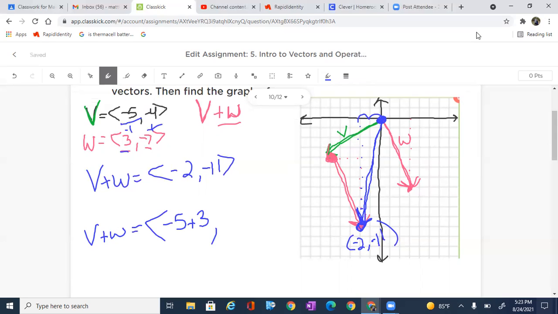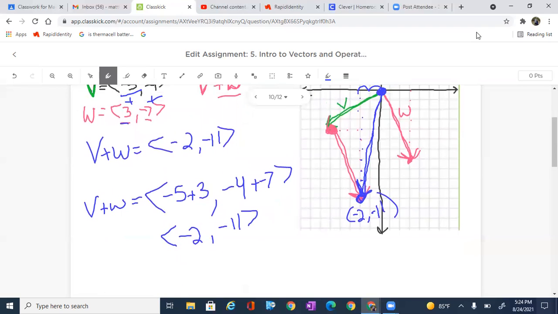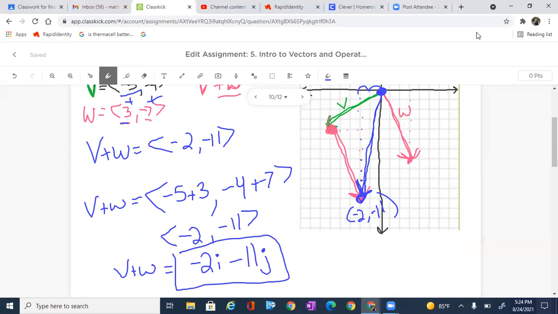I add them together, negative 4 plus negative 7. And notice that would give us negative 2 and negative 11. Now, how do I write that in the horizontal and vertical components that I'm looking for? Well, I just know that v plus w is simply going to be negative 2i minus 11j. And that's how I'd write that vector in algebraic form.